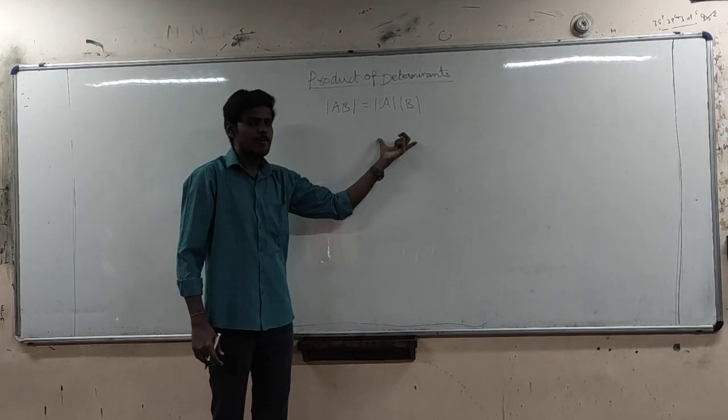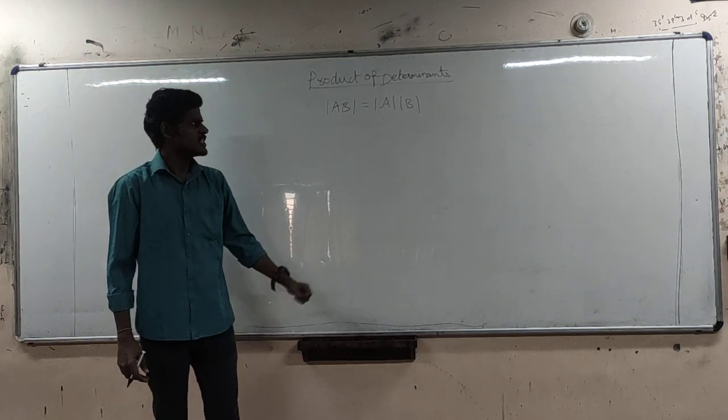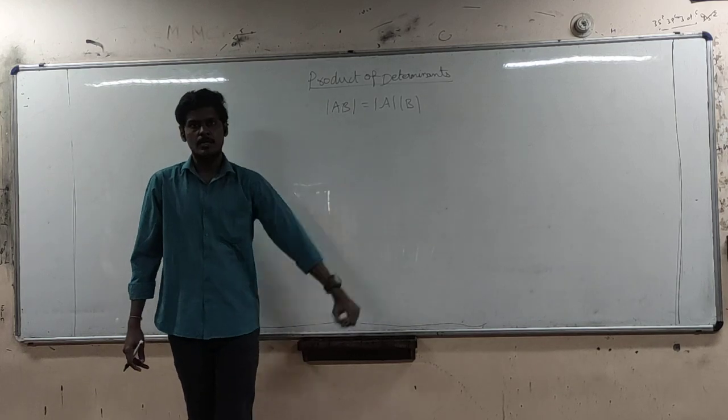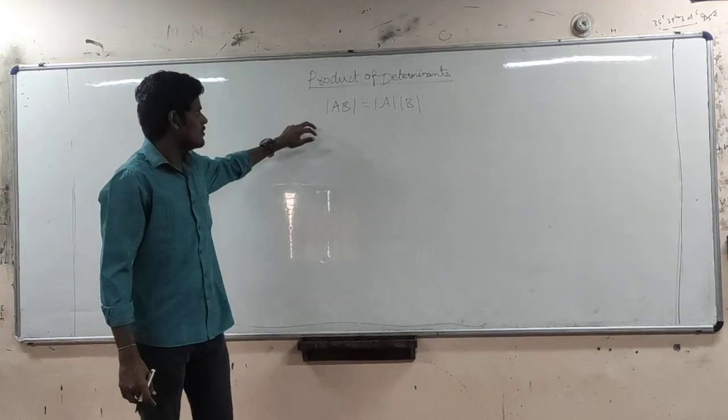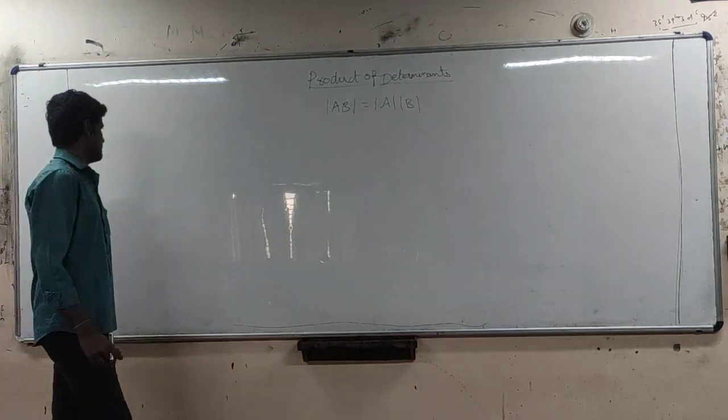So it is easy to factorize and find the value of the determinant. Such questions come in JEE Advanced. So for now we will learn how to multiply two determinants first.